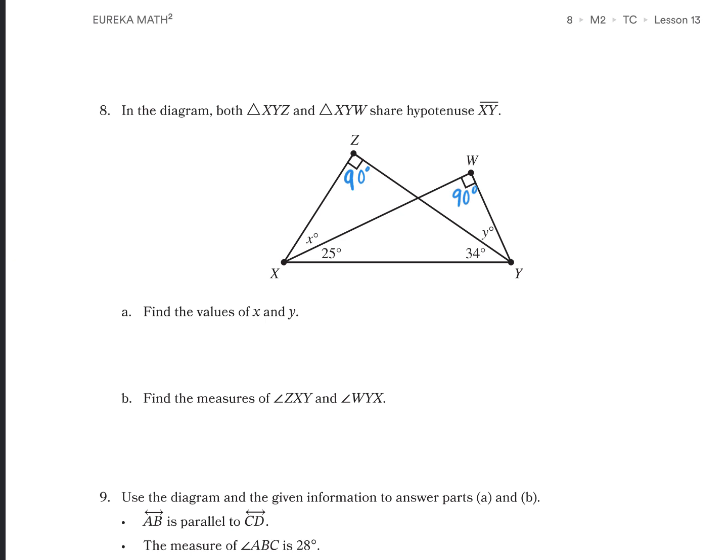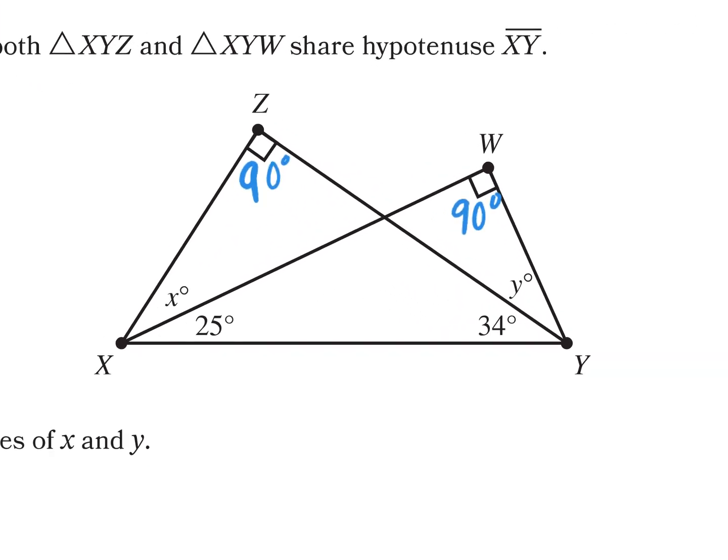So what about this middle triangle? We've got 2 of the angles, don't we? Which means this angle would be what? If we add together 25 plus 34, we get what? 59. And taking it away from 180 will give us what? 129.